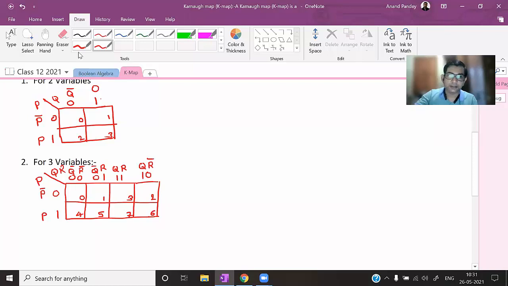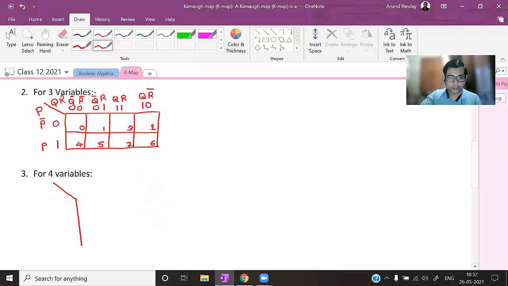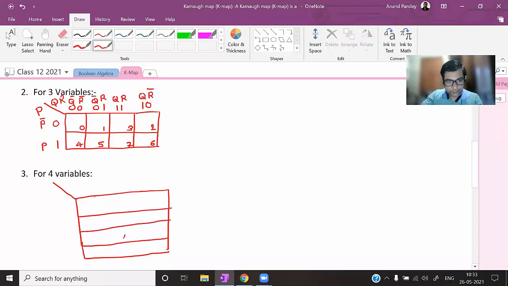Okay, be careful and write it down. Here we require 16 boxes like this: 4 rows, 4 columns. You can draw 4 rows, 4 columns. And then here you can take P, Q, R. Here 0, 0, 0, 1, 1, 1, 1, 0. Here also 0, 0, 0, 1, then 1, 1, 1, 0.